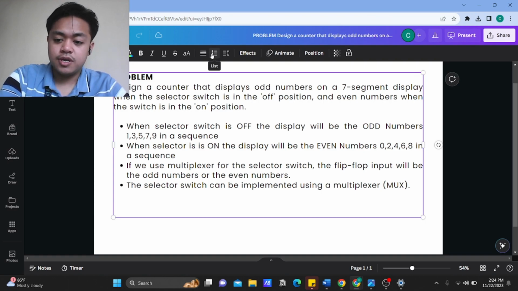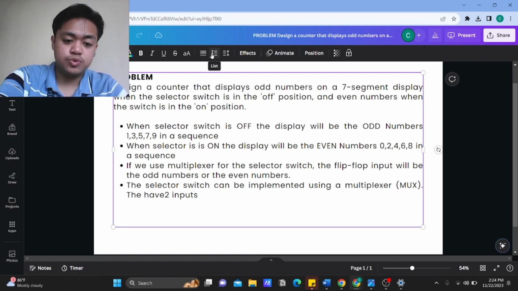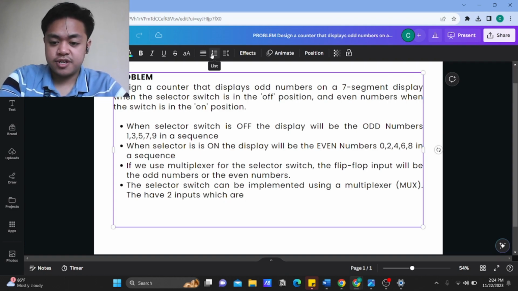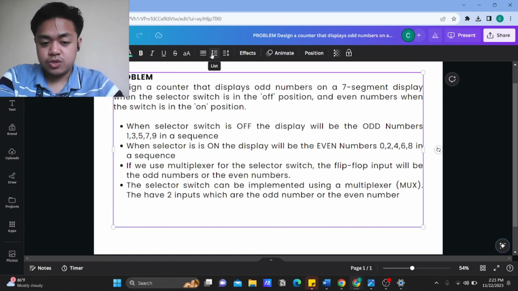Since the MUX has two inputs, which are the odd number or the even number.